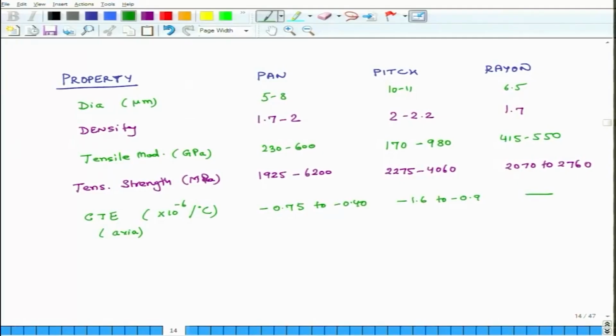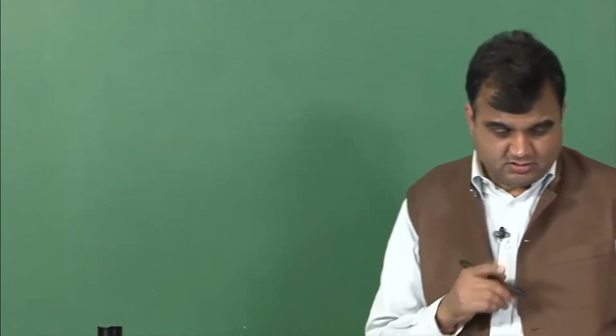And then here is the important thing, thermal conductivity, in watts per meter Kelvin, and this is very important to understand. To give you a comparison, the thermal conductivity of steel is around 10, 7, 8, 11, depending on which type of steel we are talking about.